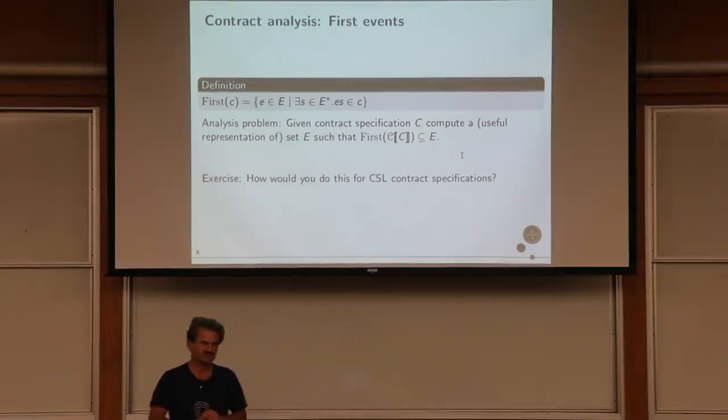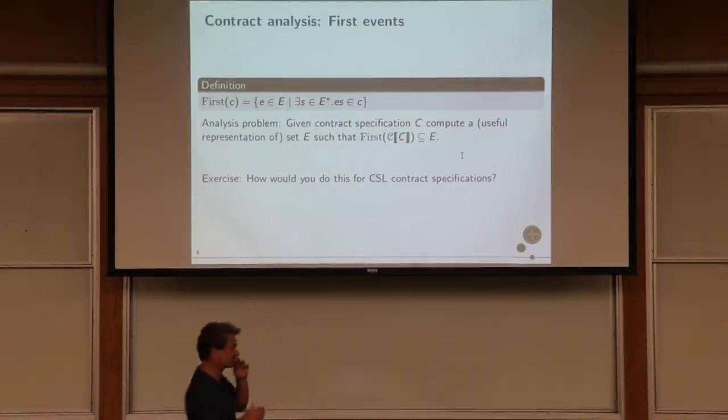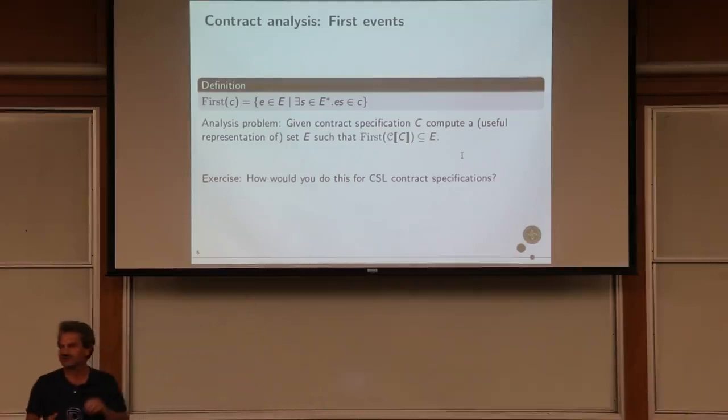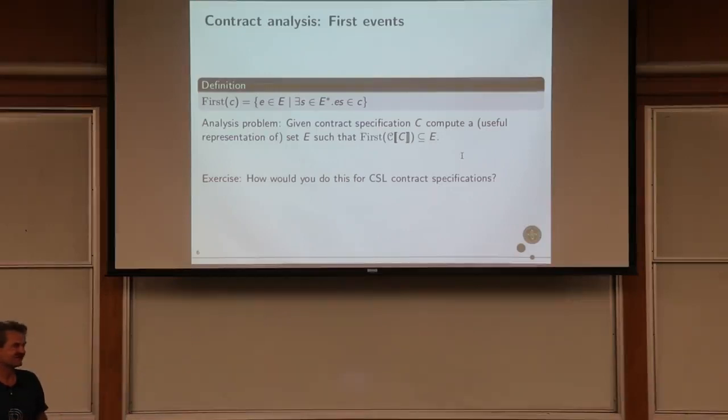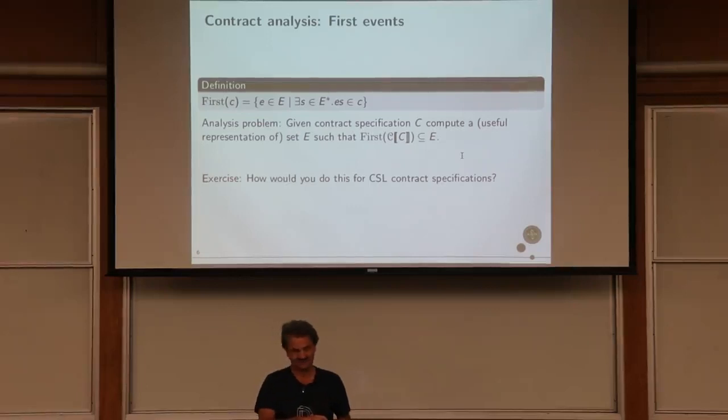Sorry about that. So this is a different E, okay? But let's look at an example here. So the definition of first events, which is curious, and we've actually called it next events, but it means like the next set of events that are possible. But in language terms, usually you learn that that's the first set, okay, the first events.